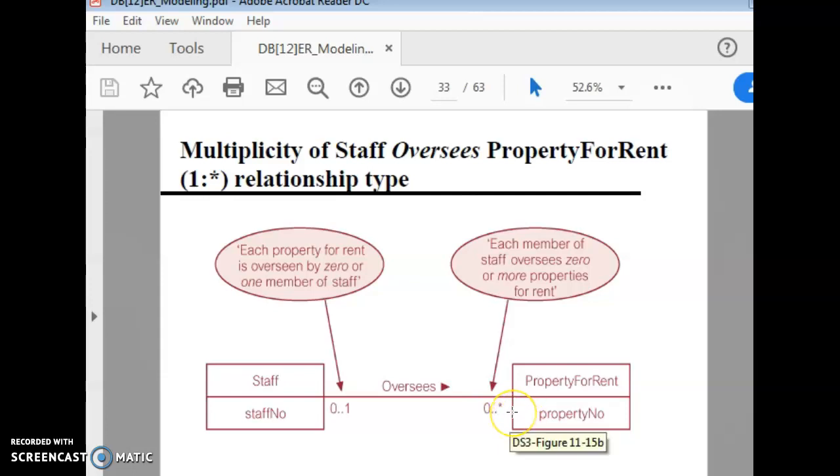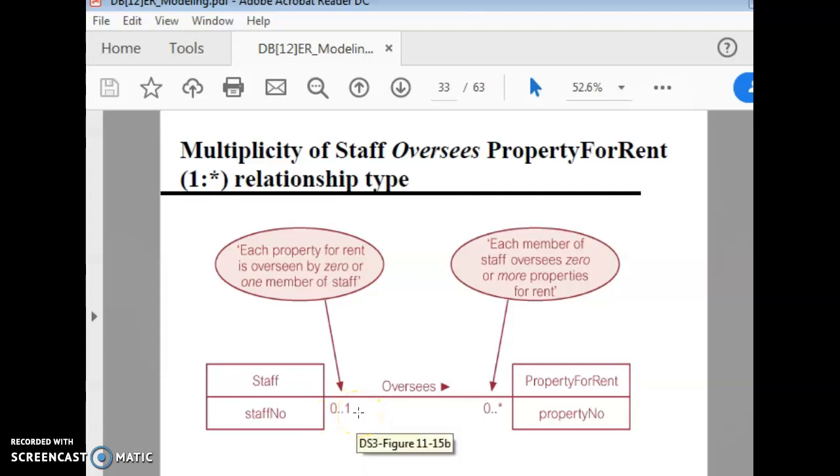To represent that each property for rent is overseen by 0 or 1 member of staff, we place 0 to 1 beside the staff entity. That is, 0 is the minimum and the maximum value is 1.